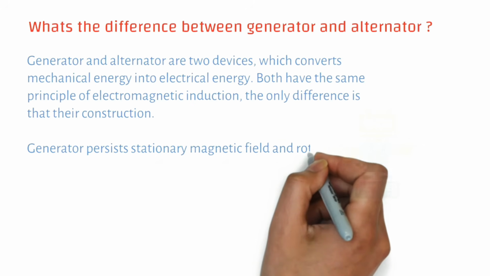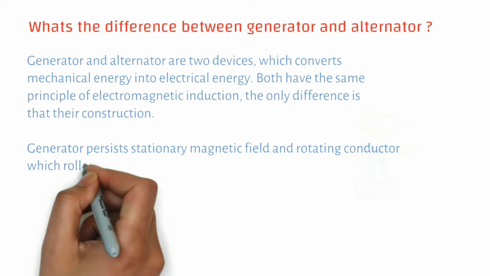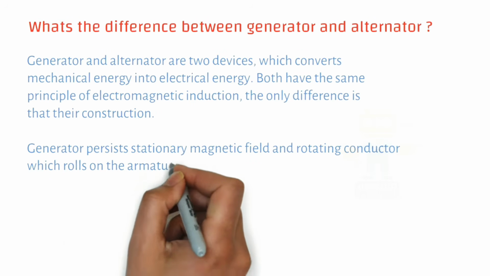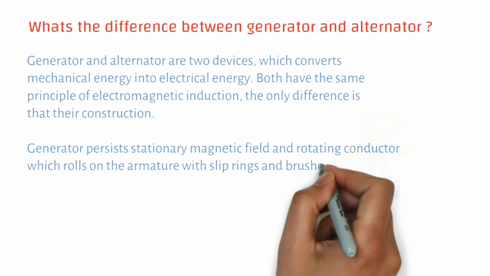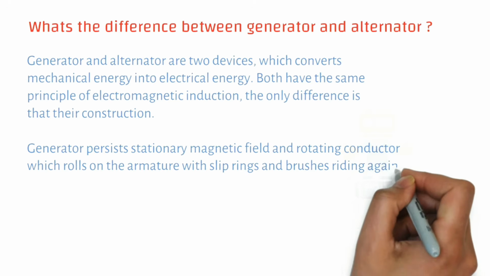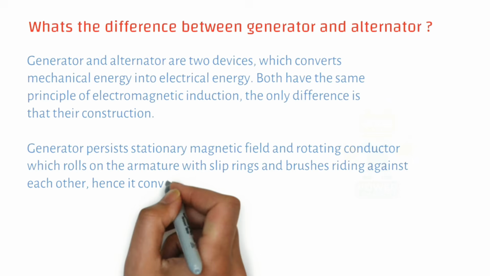A generator has a stationary magnetic field and a rotating conductor, which forms the armature, with slip rings and brushes riding against each other.